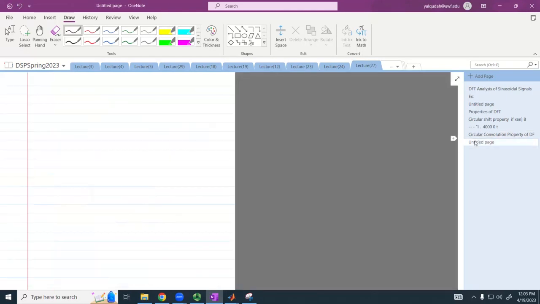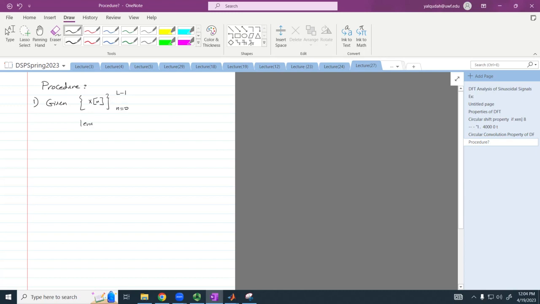So what we want to do is the filtering of the FIR filter. Therefore, I'm given a signal x of n that is defined between n equals 0 and L minus 1.